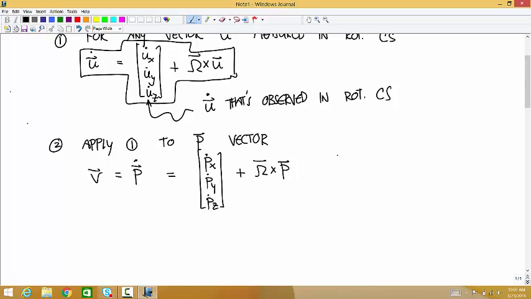And you can also think of this as v, which is equal to p dot, is equal to the velocity observed in the rotating coordinate system plus omega cross p.